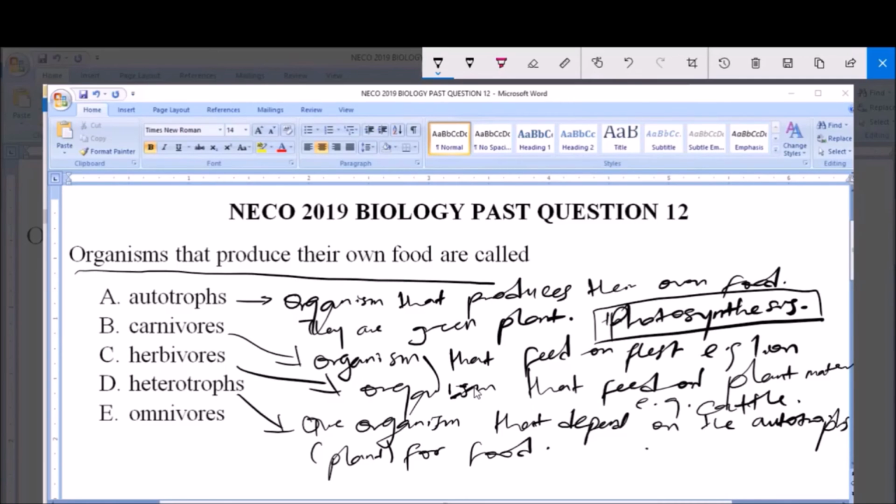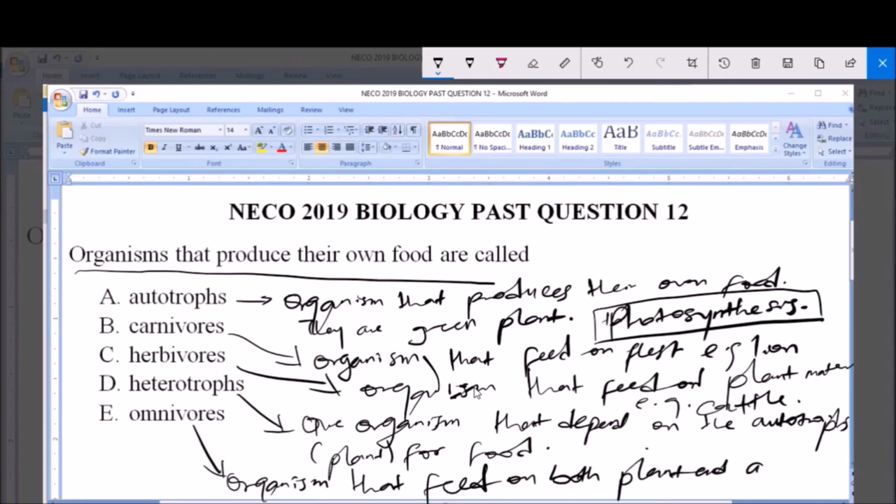They depend on the autotrophs or the plants for their food. Now omnivores, which is option E, simply refers to organisms that feed on both plants and animals. A typical example of omnivores is human or man.